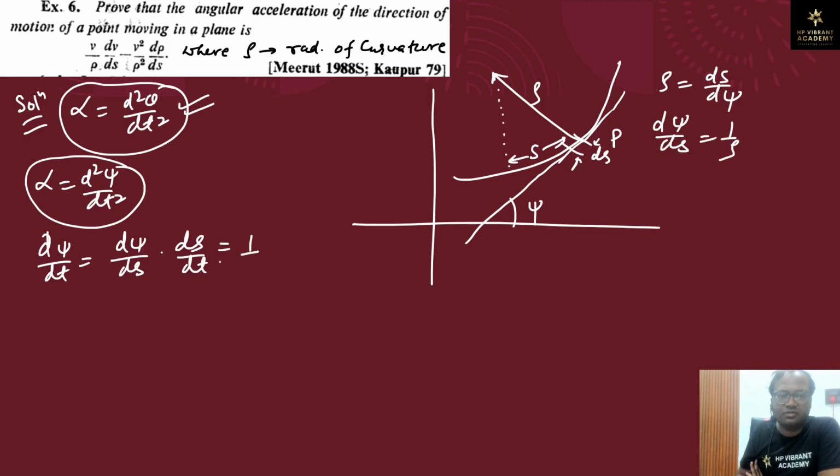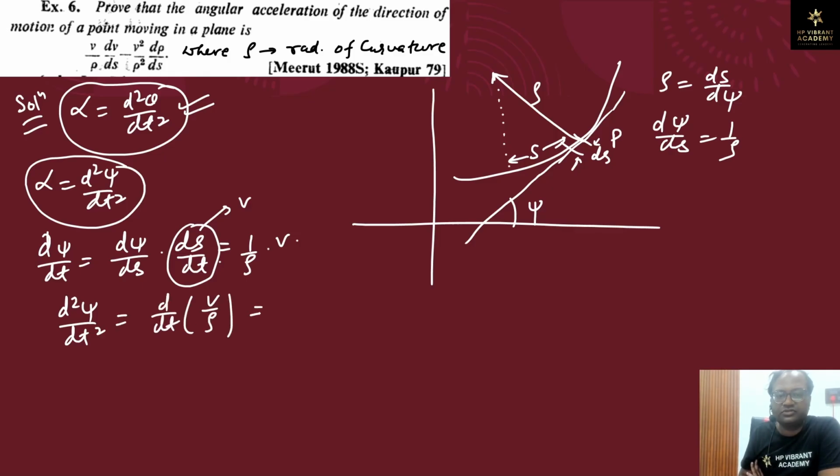So 1 upon rho into ds upon dt, which is the velocity v. Now let us differentiate this once more. So d2 psi upon dt square is equal to d by dt of v upon rho. This is equal to 1 upon rho dv upon dt, plus v into d by dt of 1 upon rho.